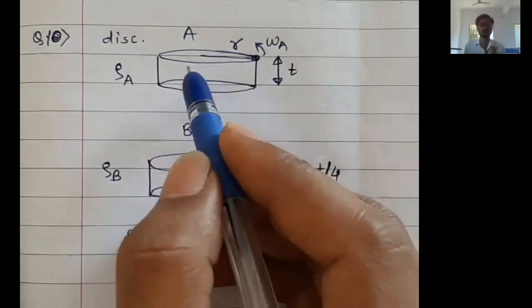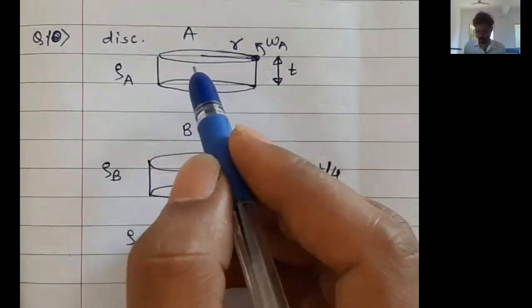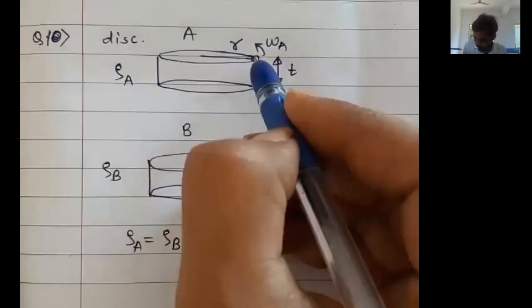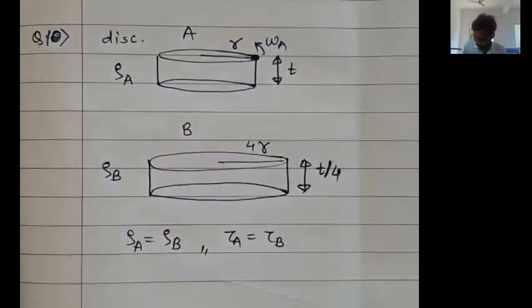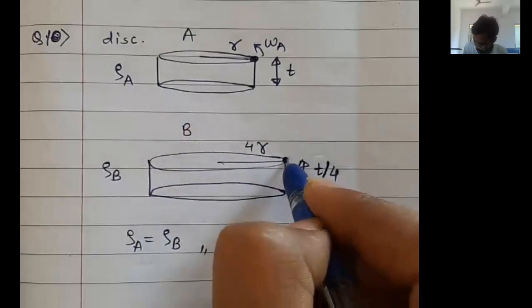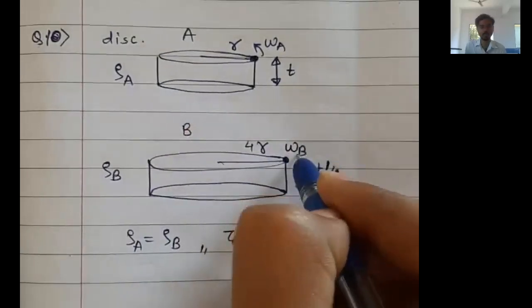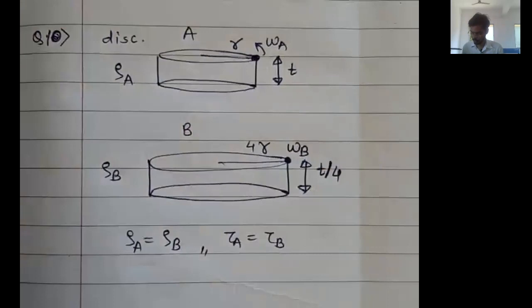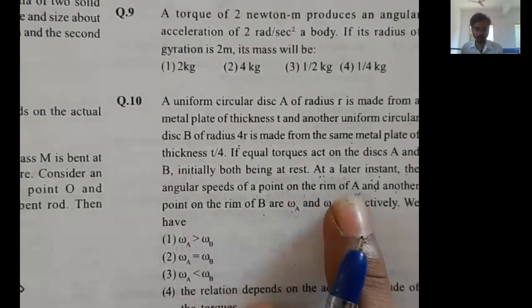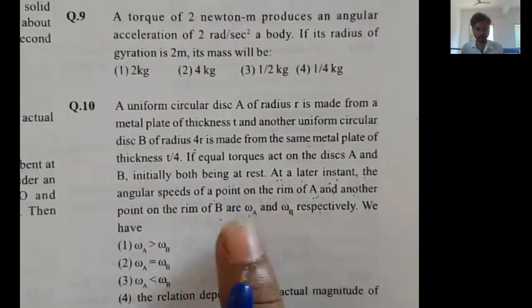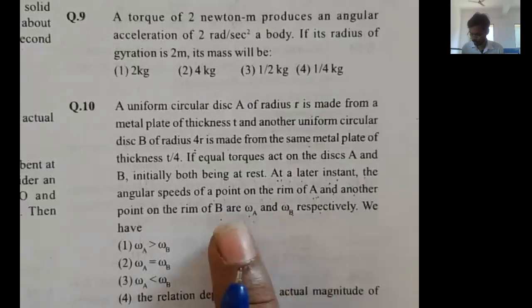Omega is the same for all; what is different is V. Okay, on the rim of A is omega A, and on the rim of B is omega B.